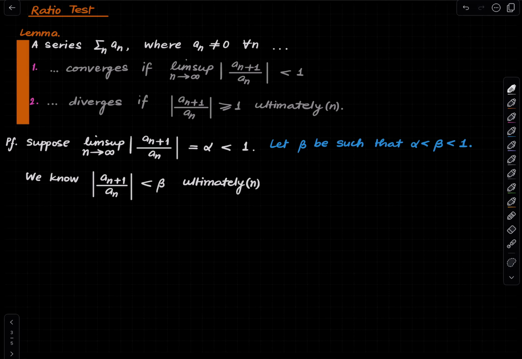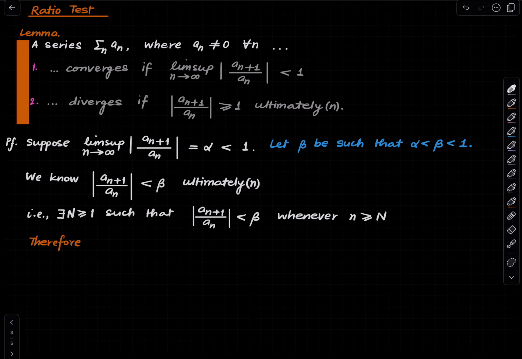That is, there is some natural number capital N such that this ratio is less than beta whenever little n is at least capital N. And therefore, the absolute value of a_{n+1} is less than beta times the absolute value of a_n.